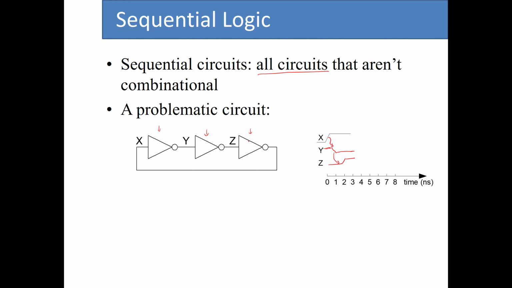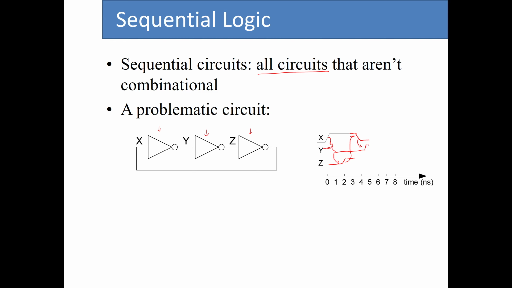Now when Z changes from 0 to 1, its output, which is X, changes from 1 to 0. Now X changing from 1 to 0 causes Y to change from 0 to 1 after a few nanoseconds.